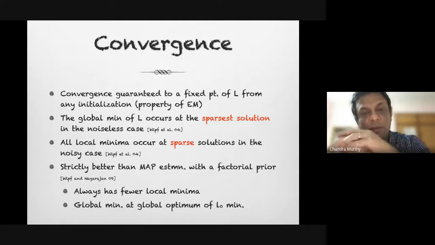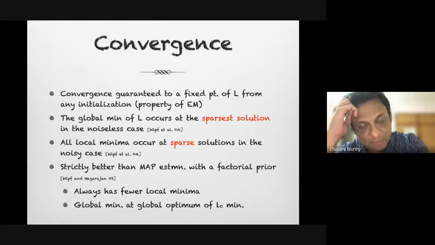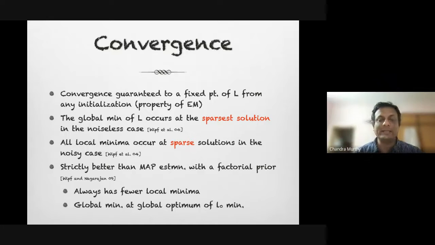So a lot has been analyzed about the convergence properties of this sparse Bayesian learning algorithm. And some points about what is known are summarized in this slide. For example, it is guaranteed to converge to a fixed point. A fixed point is one where whatever direction you try to perturb gamma in, you'll only increase your cost function.